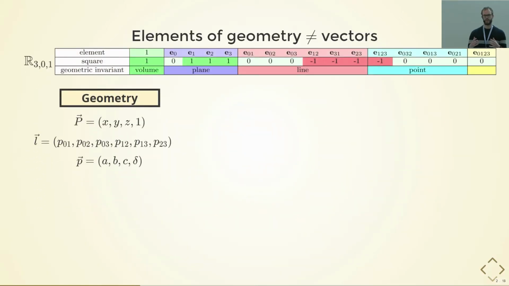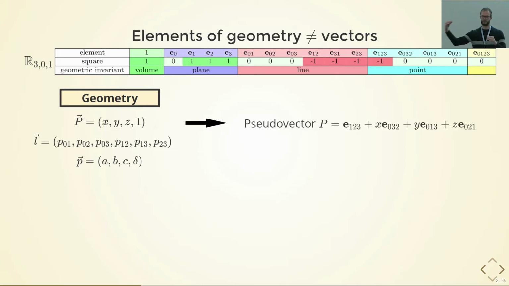So this is where I come back to the claim that elements of geometry are in general not vectors. Because as we see now, what traditionally we used for the point was a vector, but now we see that for a point we should actually use a trivector, and to be more correct, a pseudovector. So we start counting from the other side, right? Because that way it will always hold in any number of dimensions.